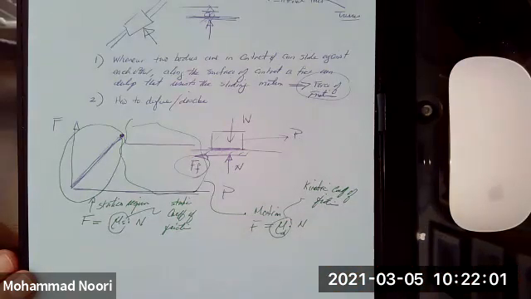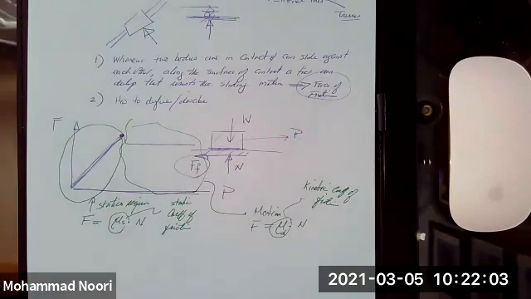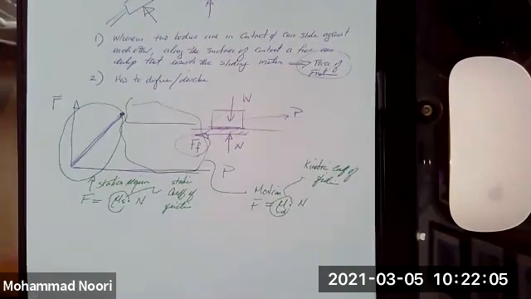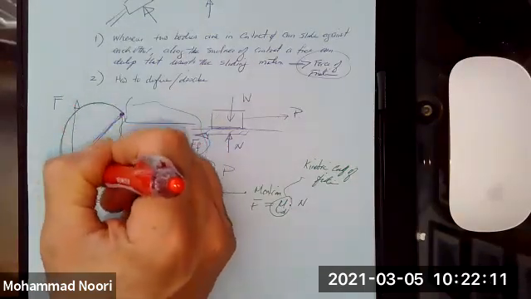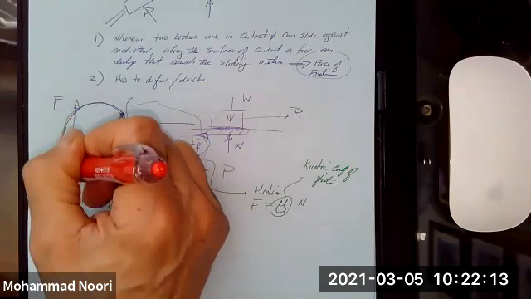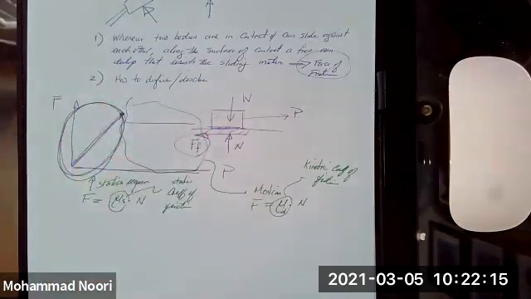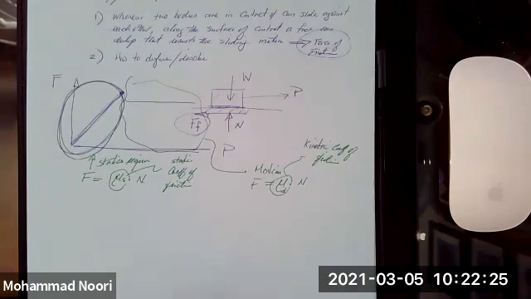Okay? So obviously, we only want to keep the object in equilibrium so that everything we've learned, equations of equilibrium, still govern and are satisfied, right?